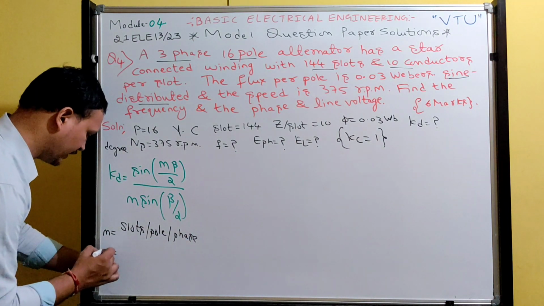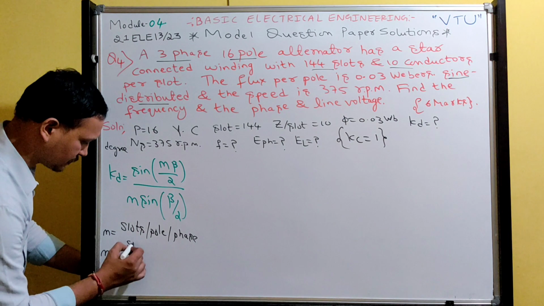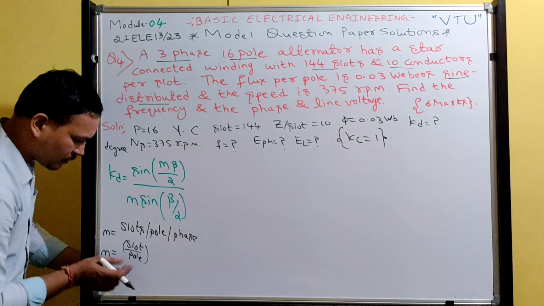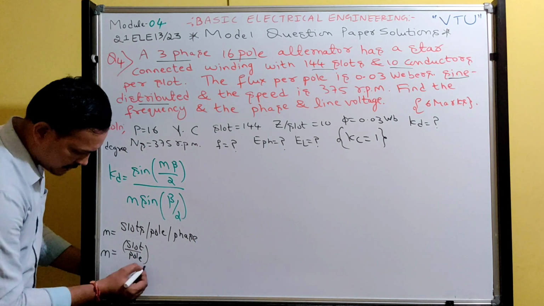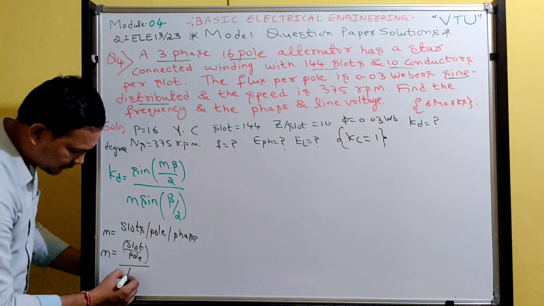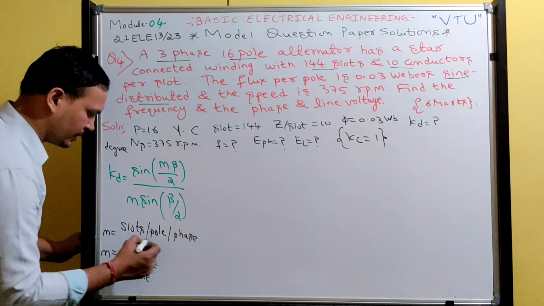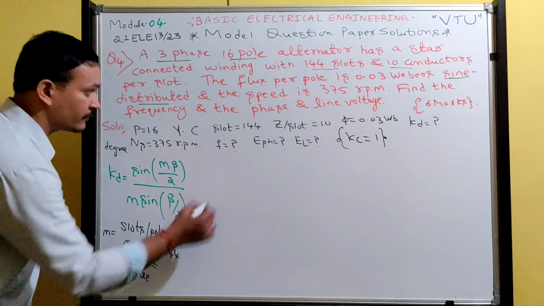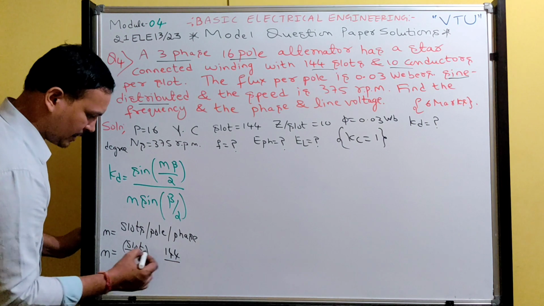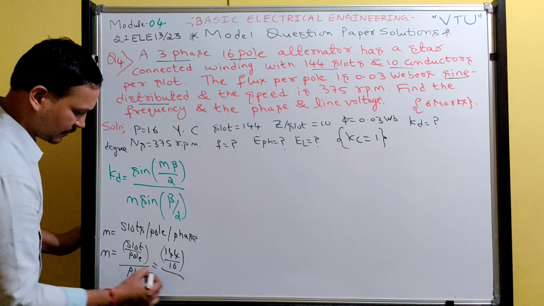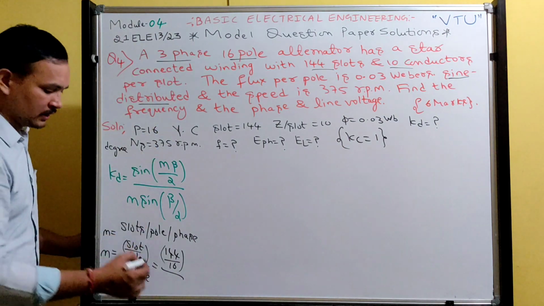To find m, first take slots divided by number of poles. Whatever answer you get, divide that by the number of phases. Number of slots is 144, divided by 16 poles, divided by 3 phases.